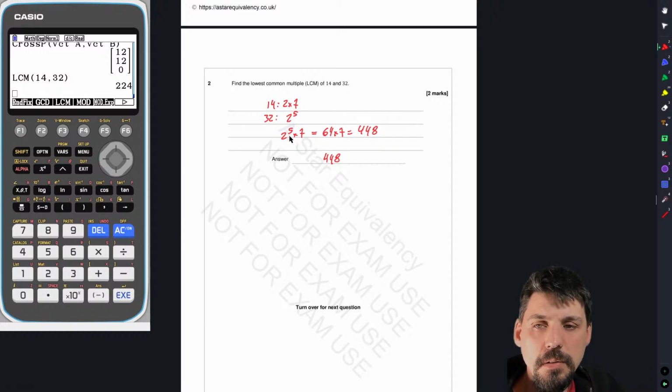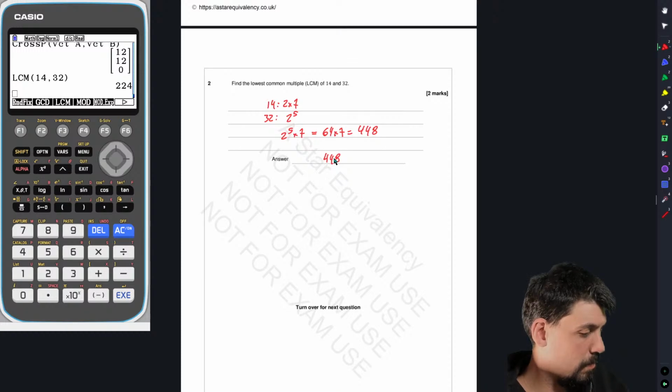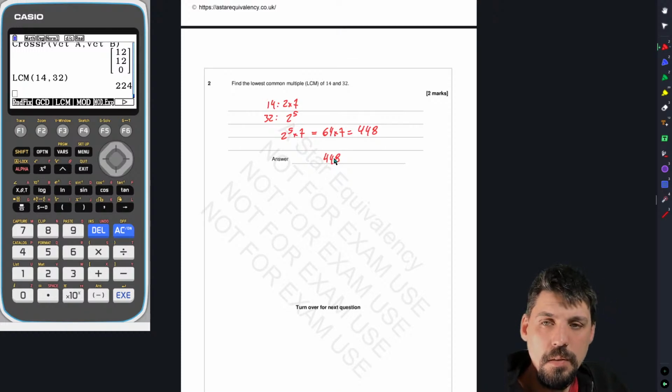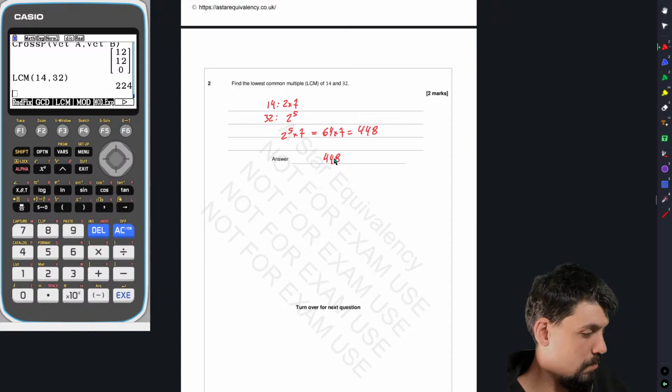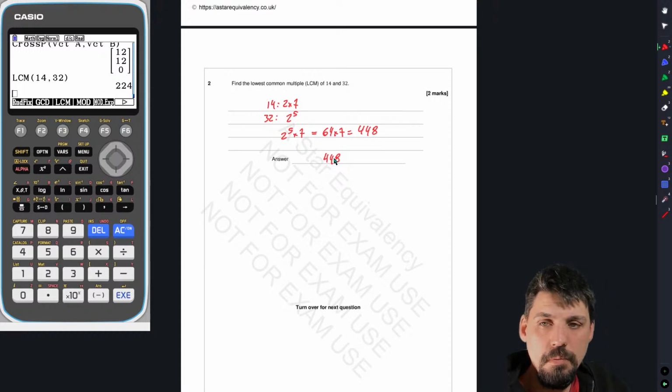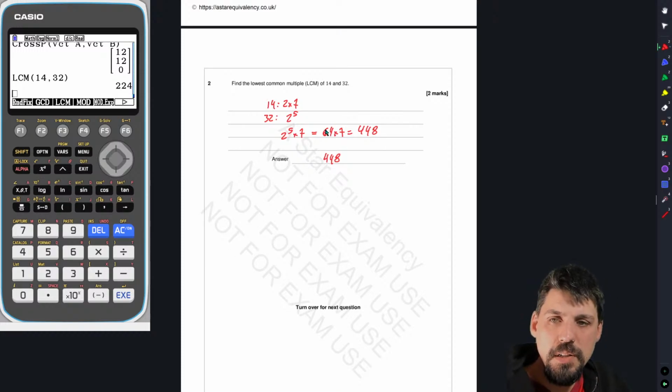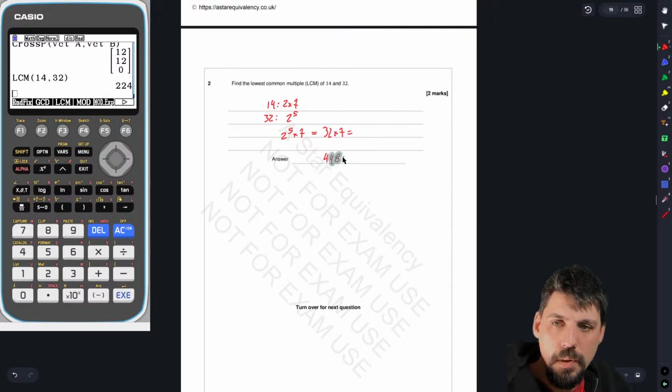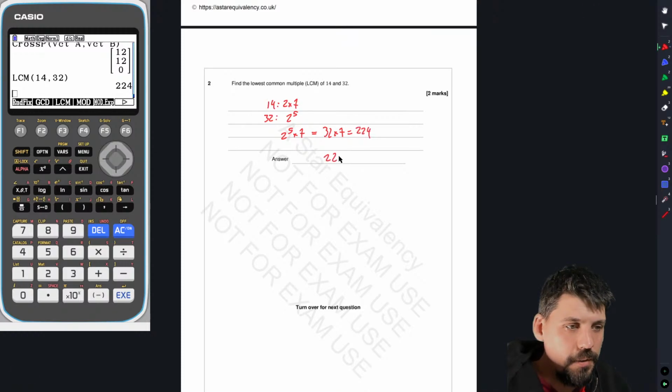Why have I got too big? Oh, good check there. So what's 2 to the 5? Yeah, for some reason, I turned 2 to the 7 into a 64. So there we go. Good little check there. Glad we caught that. This is a calculator paper. I'm allowed it. Leave me alone.